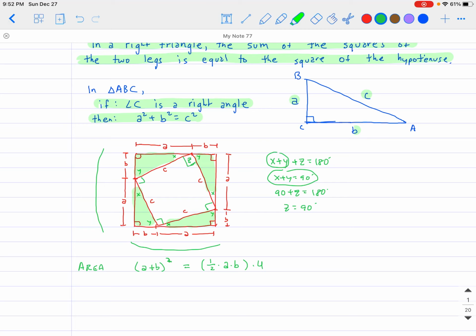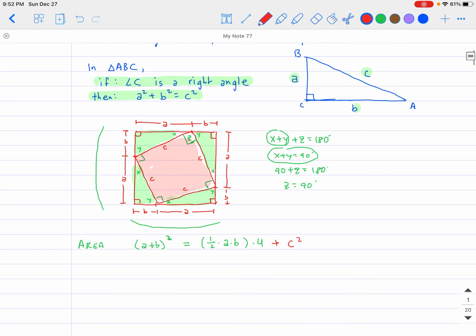Then, in addition to that, you also have this square on the inside over here, okay? And the area of that square, because we already showed that it's a square, is supposed to be equal to c squared, because that is supposed to be the length of the side. So that is going to be plus c squared.